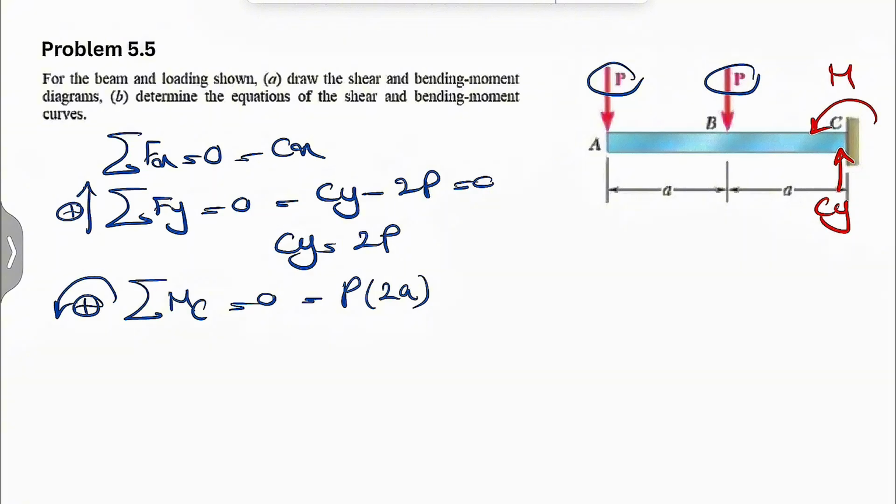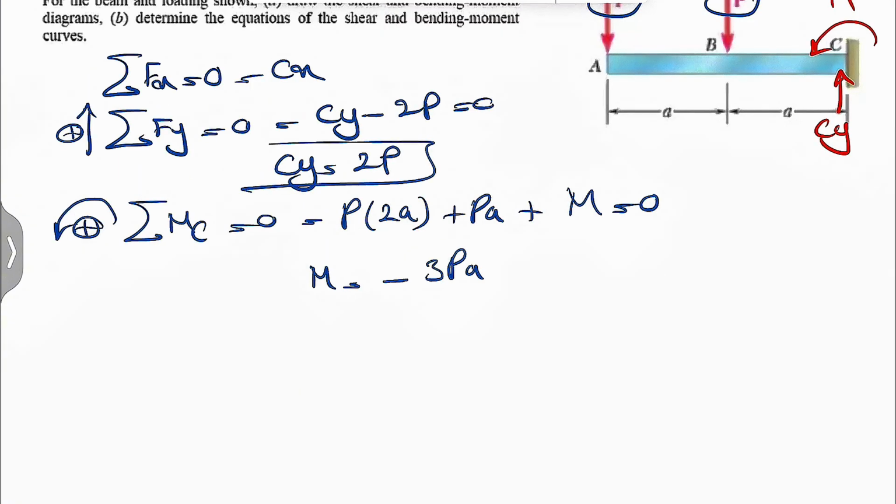We also have the moment of this P, again counterclockwise, another positive Pa, and we have the moment M equals 0. That means our moment in that reaction would be negative, so negative 3Pa. So we have the reaction at the C.